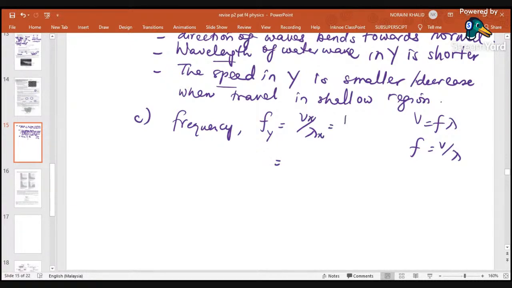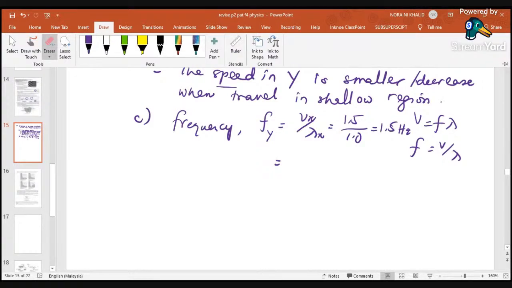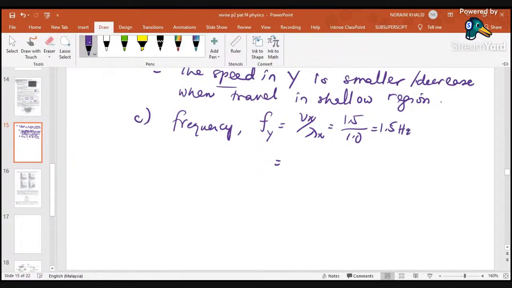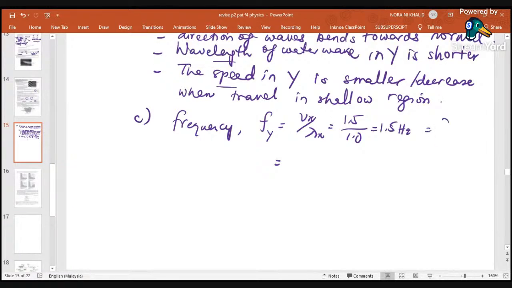So speed equals 1.5 divided by 1.0, so it becomes 1.5 hertz. So we get the frequency in region Y the same as in region X.